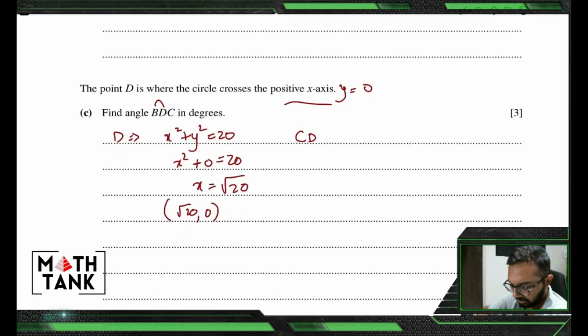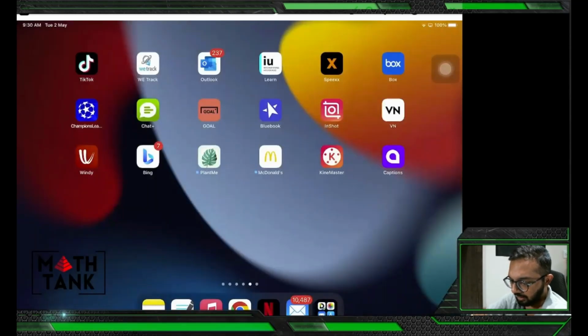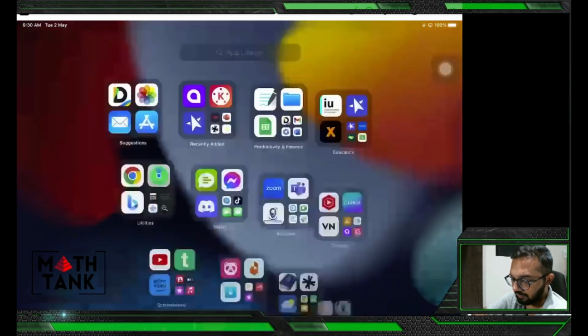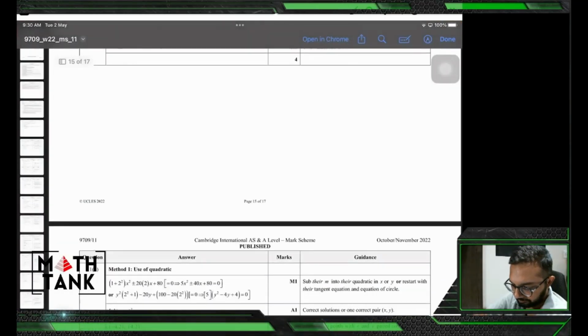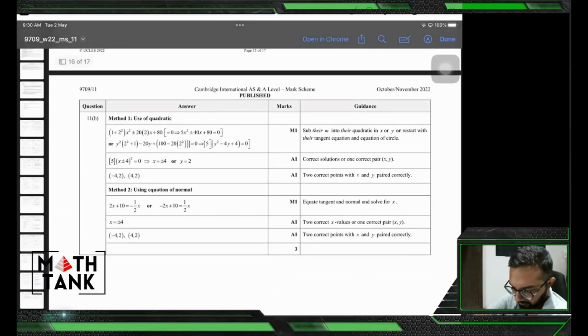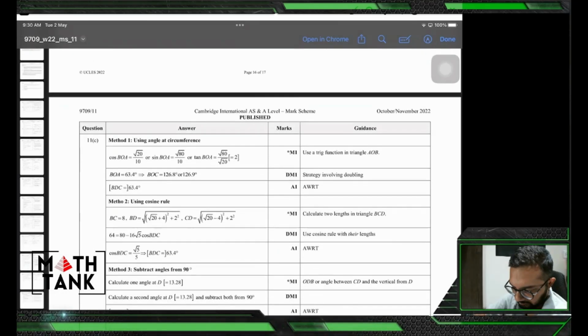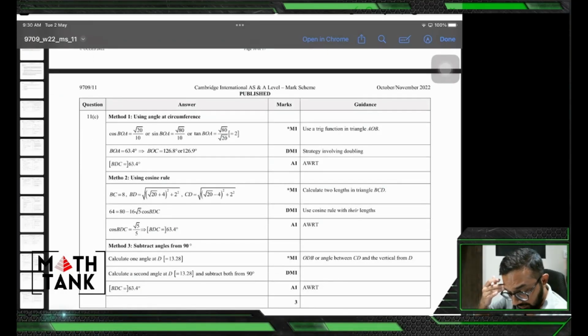Let me see if there's a shorter way in the marking scheme, and that should tell us if we are actually opting for the longer way out. No, it says using the cosine rule, or just calculating angles in 90 degrees, or using angle at circumference. That would also basically give me the same idea.